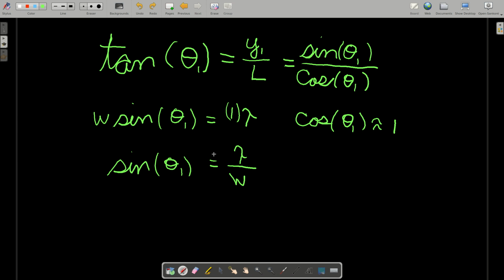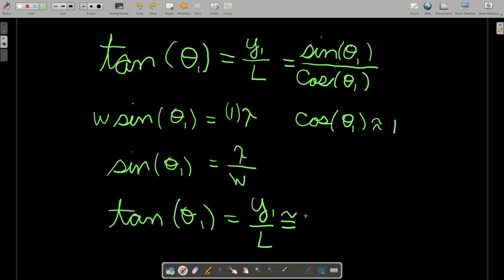What that means is now we can say tangent of theta 1, which is equal to y1 over L, is approximately equal to sine of theta 1, which is equal to lambda over W. Okay, that all makes sense so far? So basically, at this point, what we can say is y1 over L is basically equal to lambda over W.